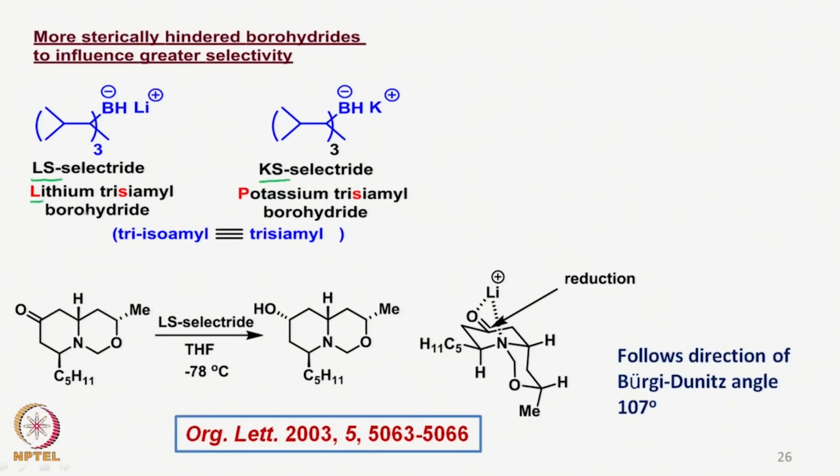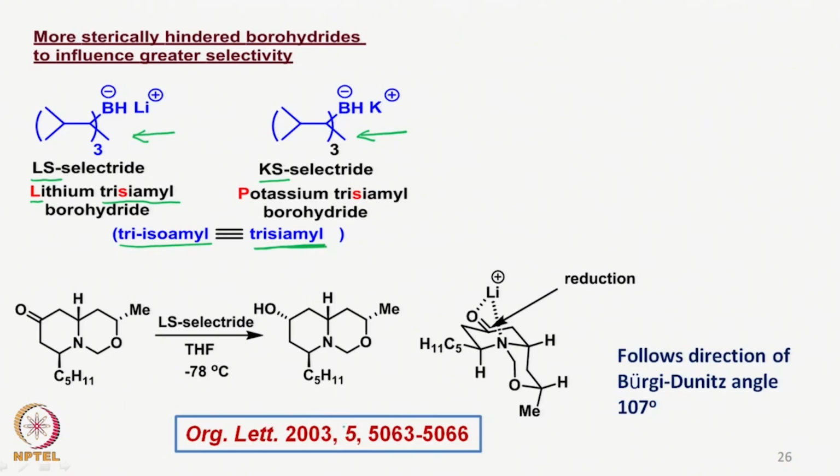L stands for lithium and S stands for the triamyl part, that is the triisoamyl part, from which the letter S has been taken, and this is how it is called LS selectride, as you can see here. In these, the groups attached are bulkier than secondary butyl. Basically it is the trisisoamyl or triisoamyl group which is present.